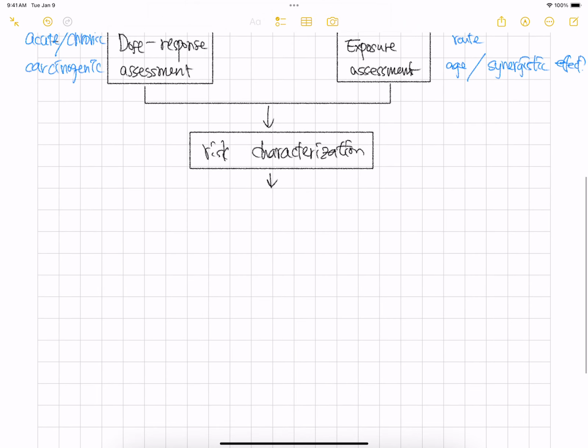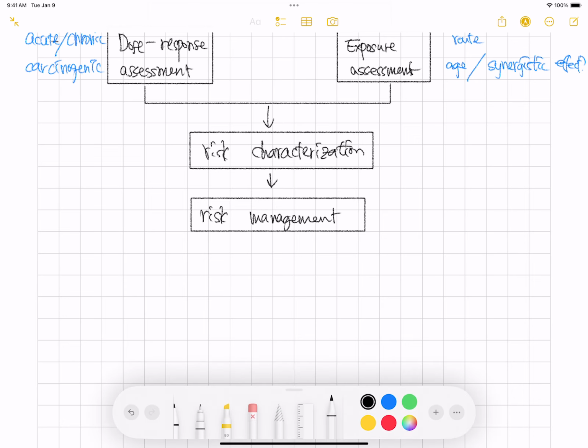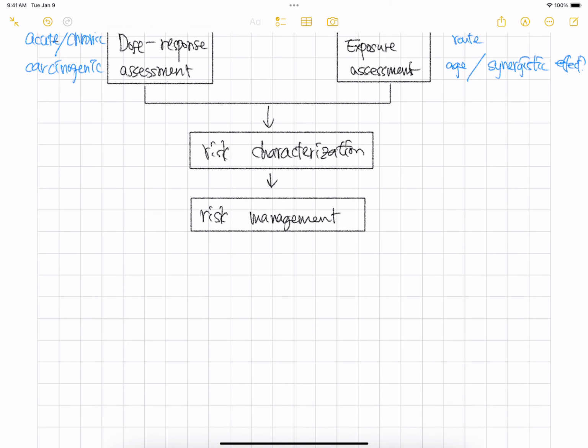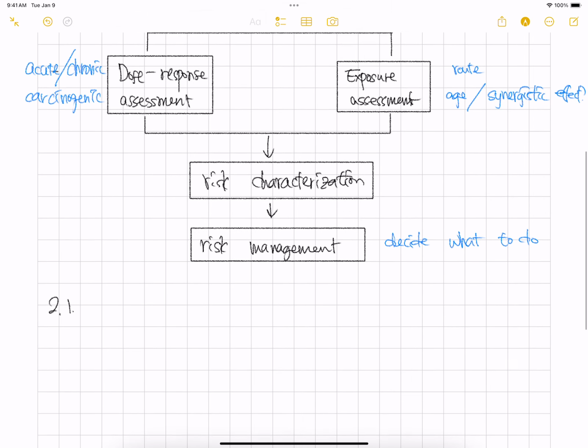And then we can come up with a solution for how we can manage. So in this step we can decide what to do. So these are the risk assessment process.